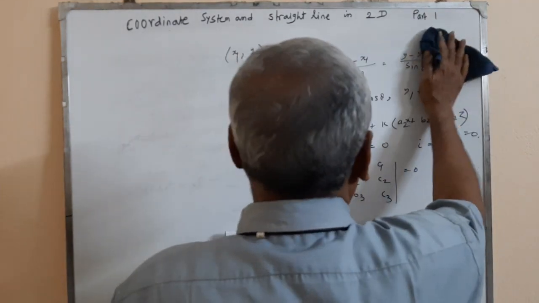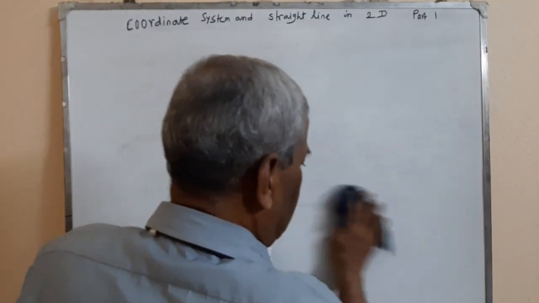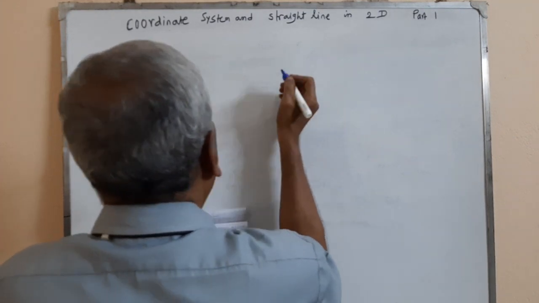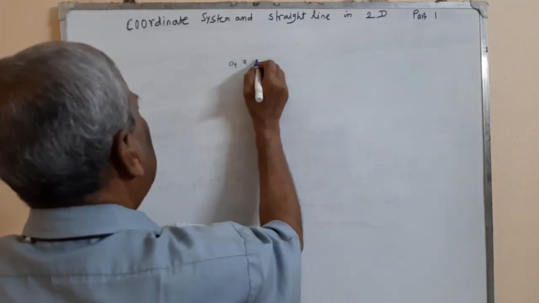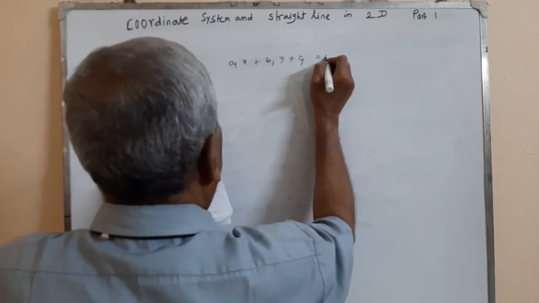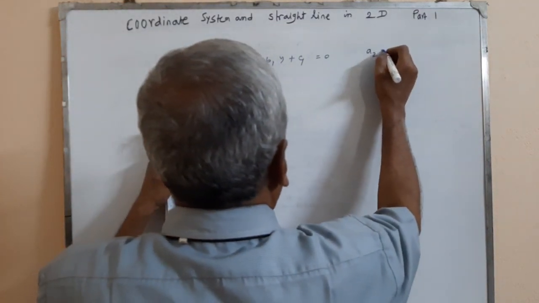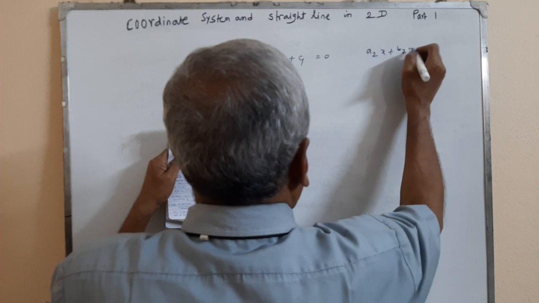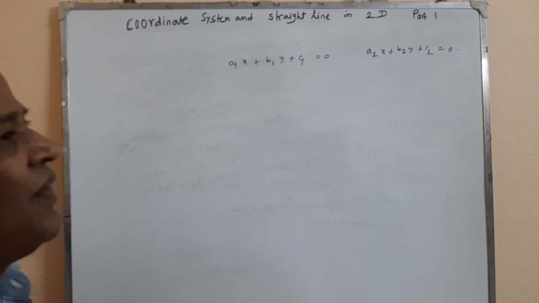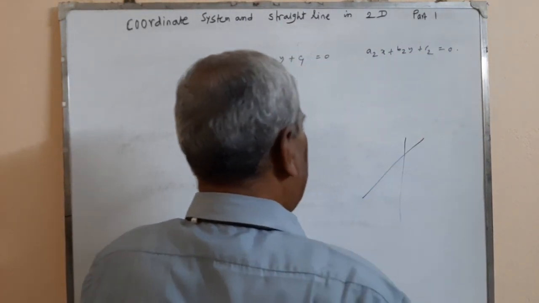So next, one more. Suppose a1x plus b1y plus c1 is equal to 0 is one straight line, and another straight line is a2x plus b2y plus c2 is equal to 0, the second straight line.